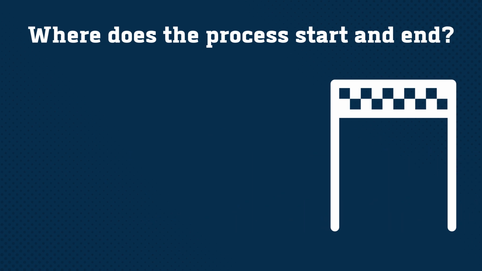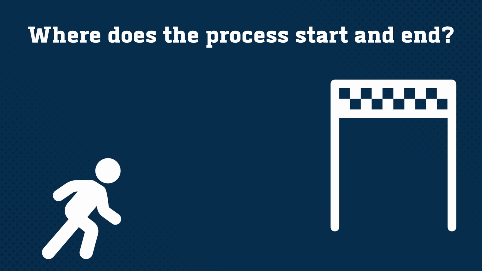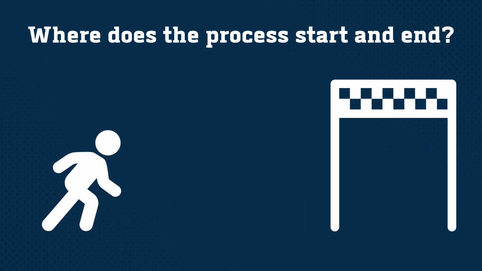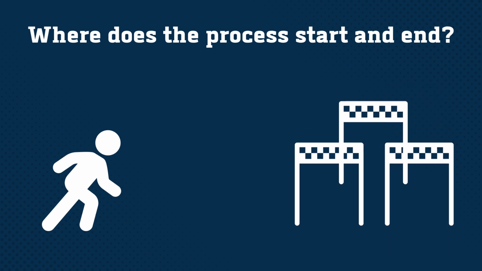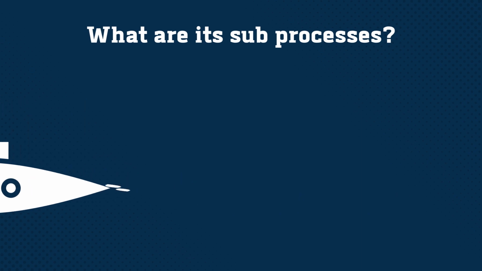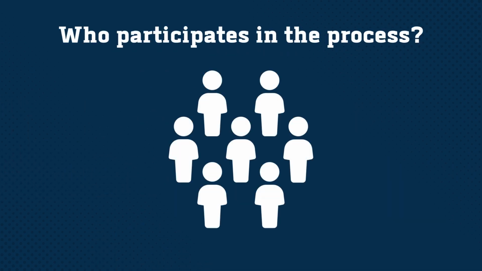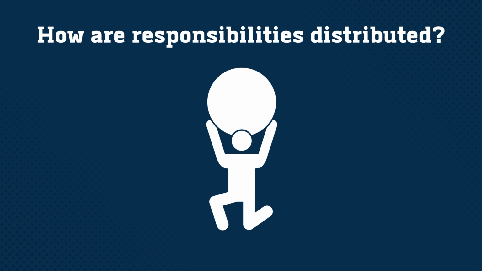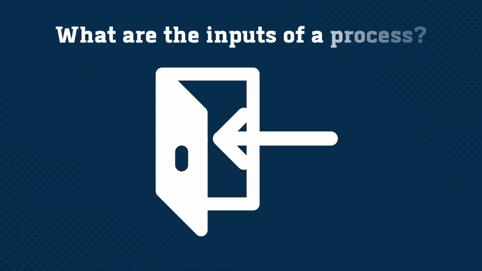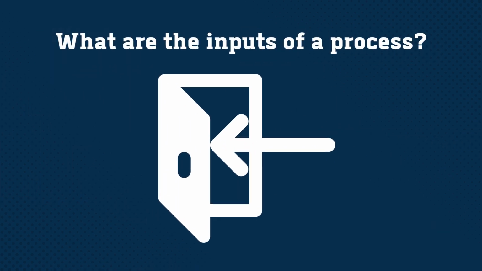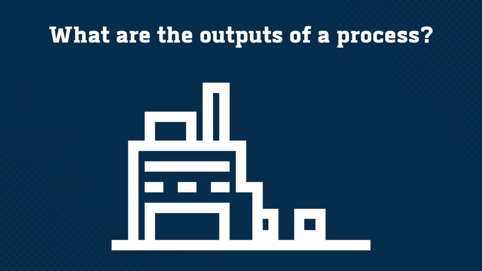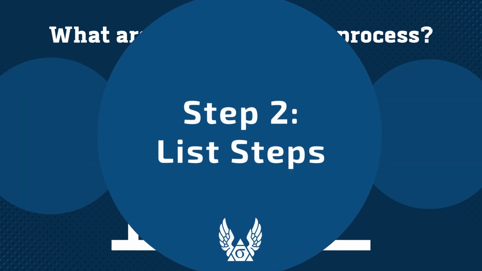Note, a process map always has a single starting point, though it may have multiple ending points. What are its sub-processes? Who participates in the process? How are the responsibilities distributed? What are the inputs of a process? What are the outputs of a process? Does the process produce anything by the end?